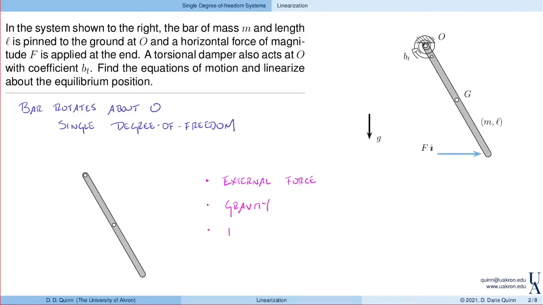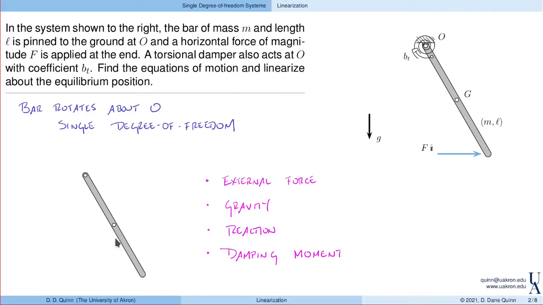There is a reaction force acting at O. And then finally, there is a damping moment due to the torsional damper at the pin joint O. You could think about this as maybe modeling some dissipation that's present in the joint between the ground and the end of the bar.